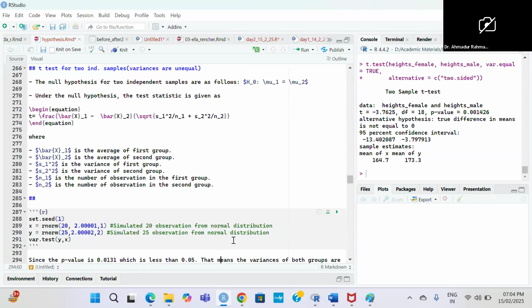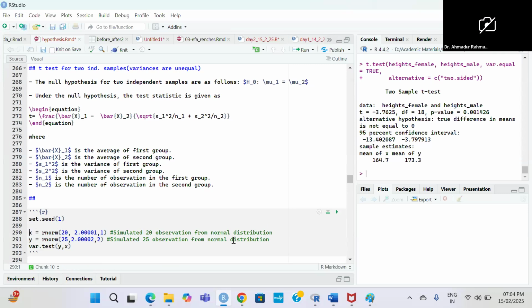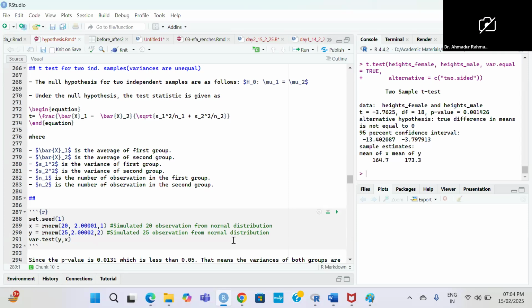And then basically we have generated numbers to show how we can generate the data. We have obtained this data set from a normal distribution. This is the function to generate 20 observations, so n is equal to 20.